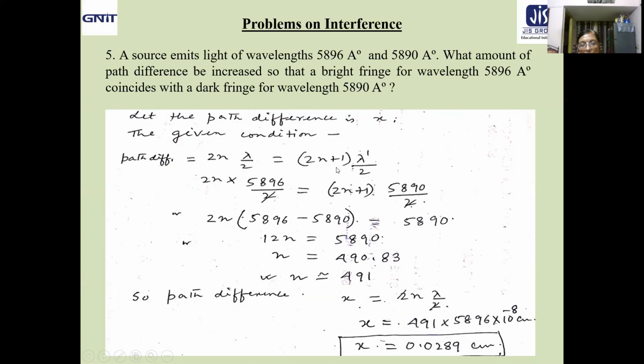If you try with this one, no harm, you will get the same answer because n will be 491 and lambda prime will be 5890. You will get the same answer. So a very, very different problem, at the same time a very interesting one. I hope you are also understanding the same thing.